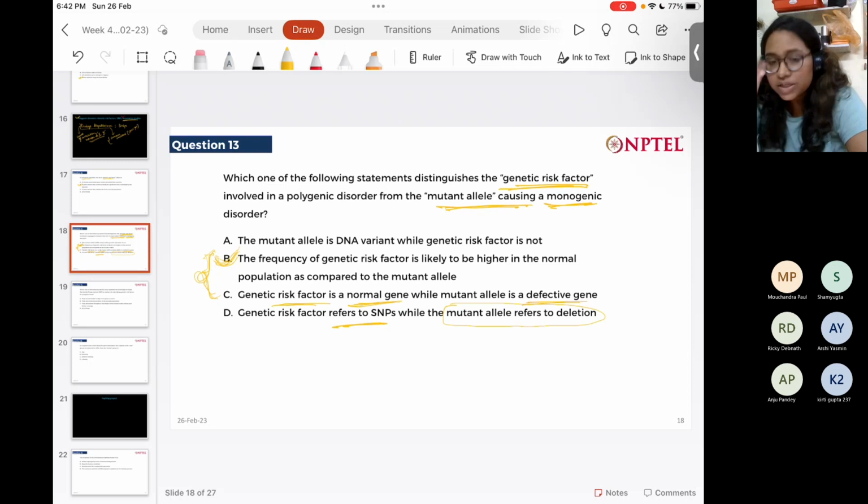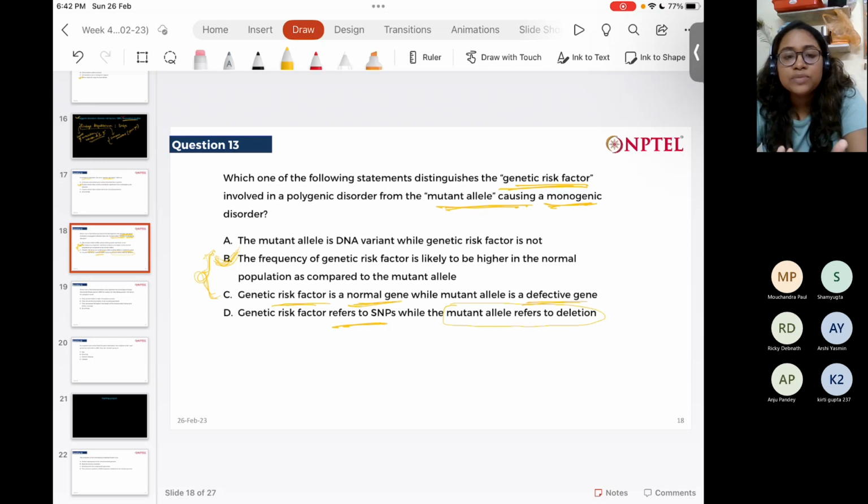So one point just came to my mind regarding how risk factors work. If there are 5 risk factors, or 5 different kinds of variants, involved in a particular polygenic disorder, the person who has all 5 variants will definitely show that disorder. But if another person has only 3 of the variants together, they will show the disorder in another form.